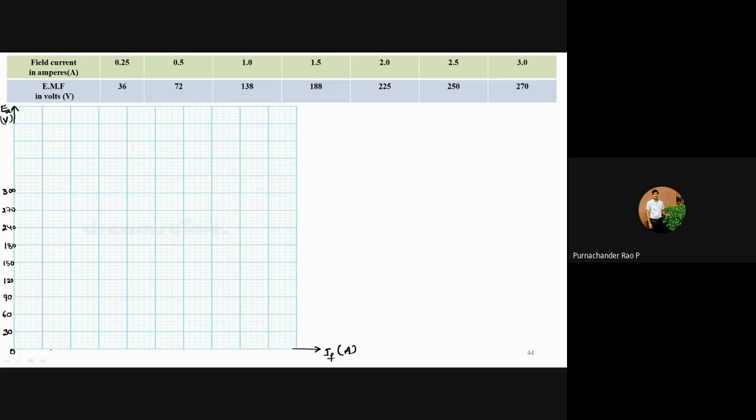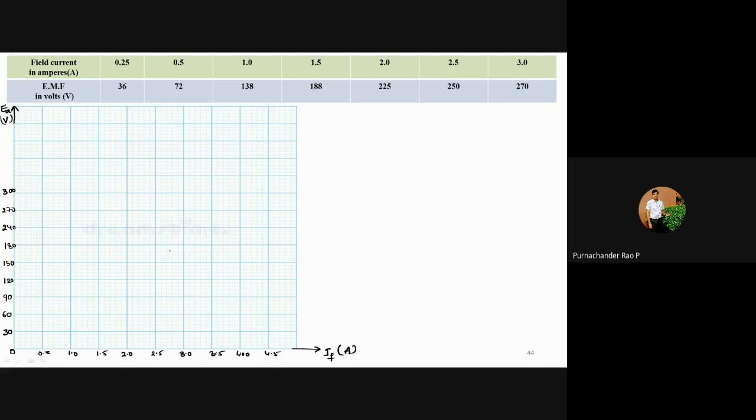And on the x-axis, I'm taking the current of 0.5, and 1, 1.5, 2, 2.5, 3, 3.5, 4, 4.5. Okay, so these are the scales.